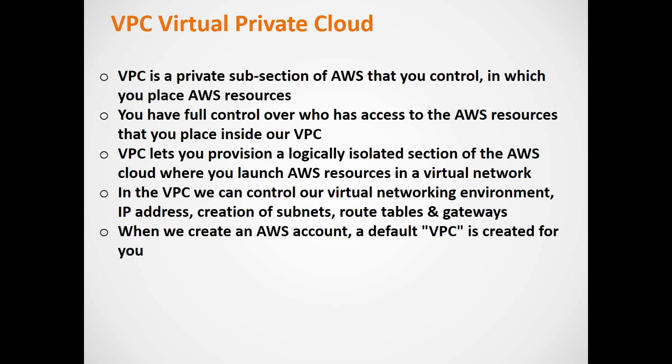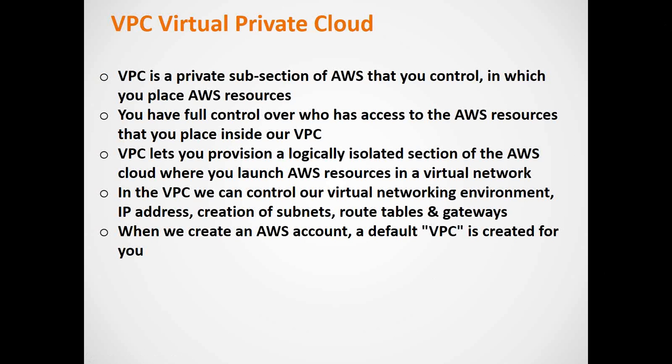If you put them inside this VPC, it acts as an isolated environment, so that you work within the VPC, and whatever resources are there within the VPC, we will be able to access. And you have complete control over who can access the resources that you put inside a VPC.